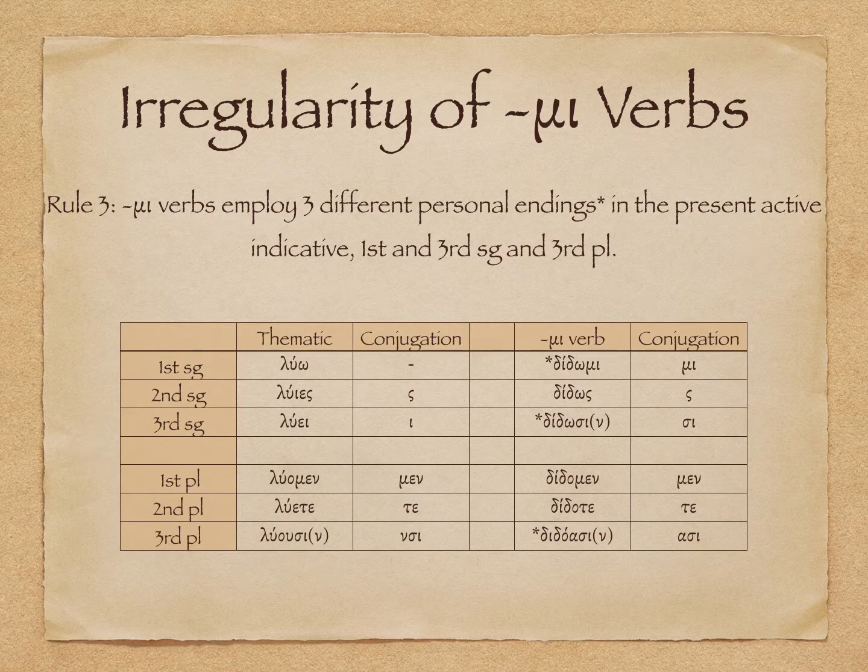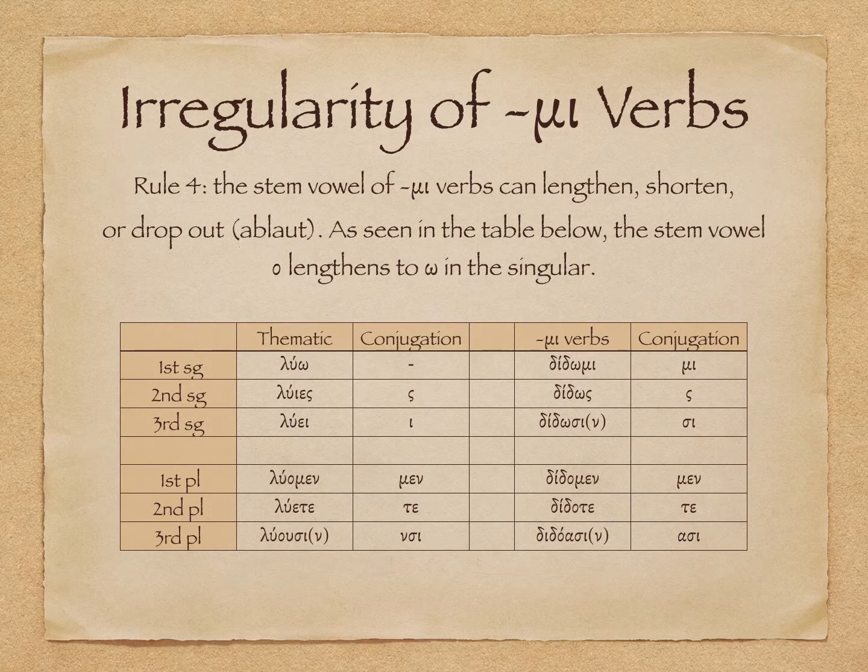Okay. Look at rule number 4. The stem vowel of mi verbs can lengthen, shorten, or drop out. As seen in the table below, the stem vowel omicron lengthens to omega in the singular, and we've noticed this already.